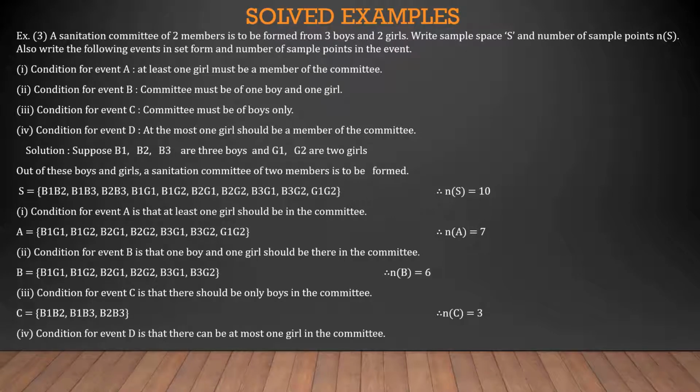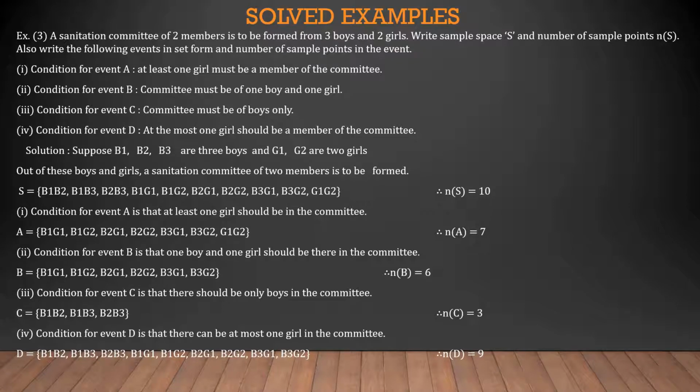Last, the fourth condition is for event D: there can be at most one girl in the committee. So D = {B1B2, B1B3, B2B3, B1G1, B1G2, B2G1, B2G2, B3G1, B3G2}.